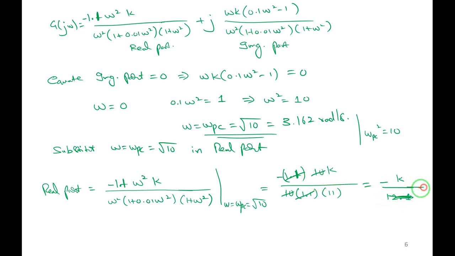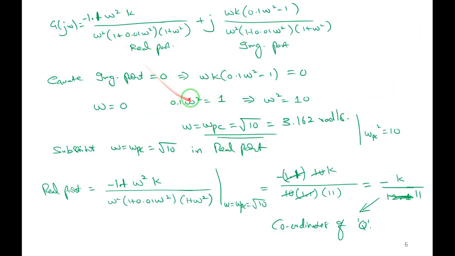I hope this is correct now. Yes, it is correct. So it is minus k by 11. This is nothing but the coordinates of Q, the intersection point.